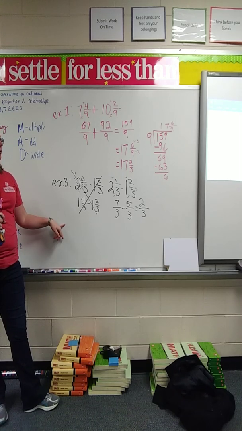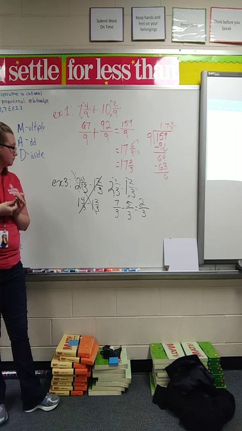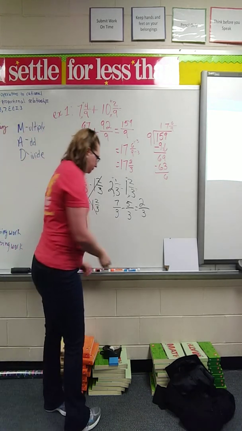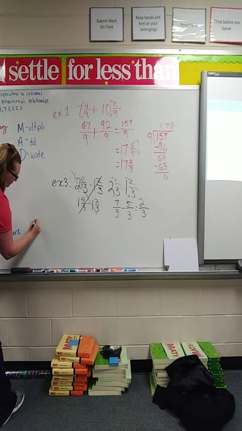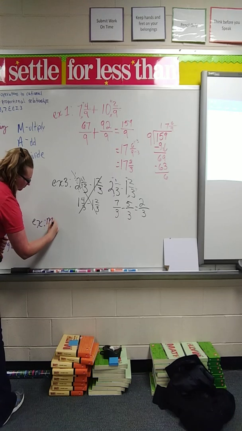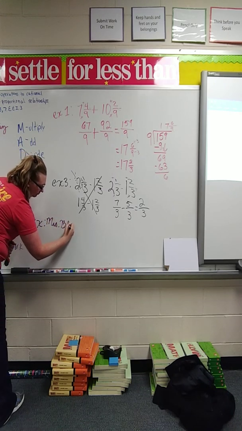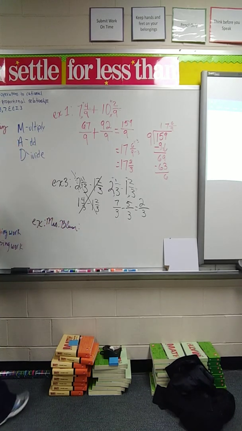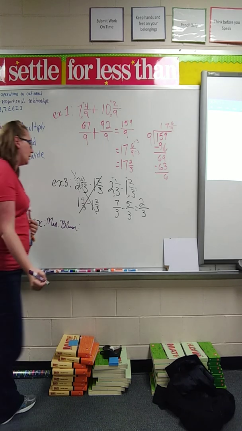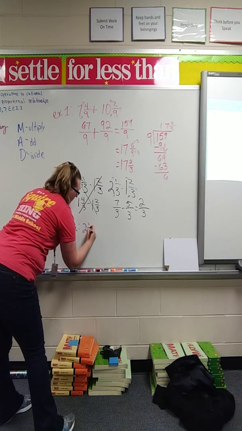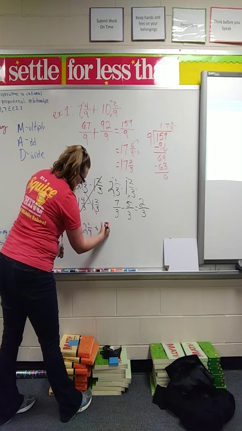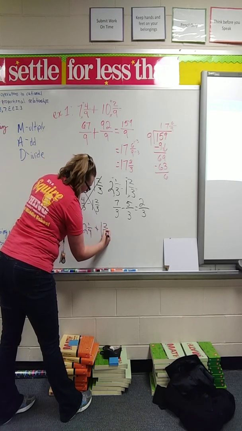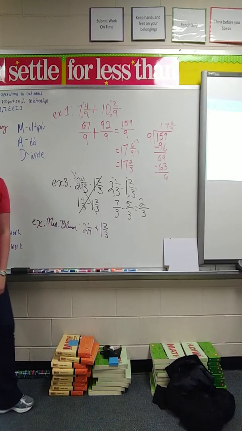I want us to try one where we have to find a common denominator first. Miss Blum's example. We're going to use 2 1/4 plus 1 2/3.